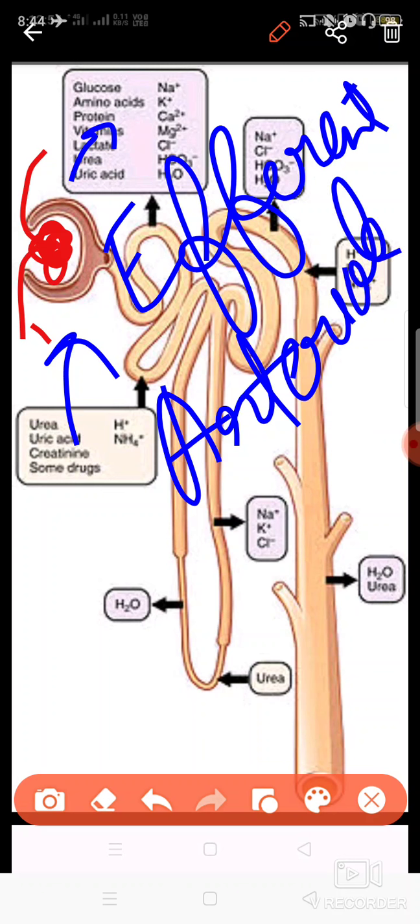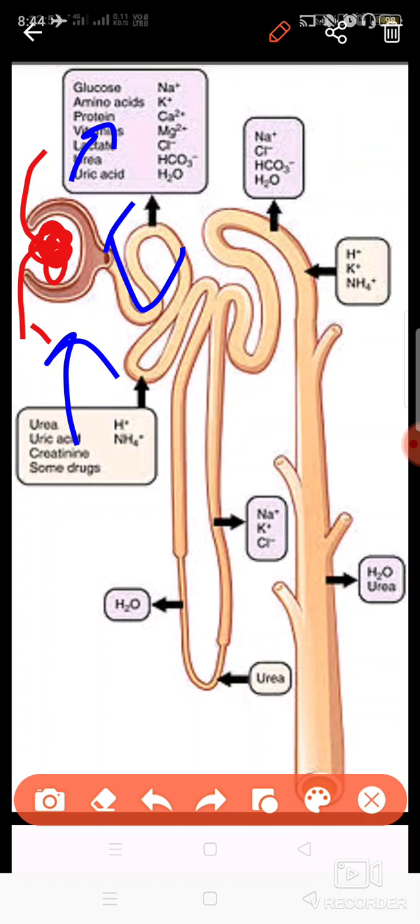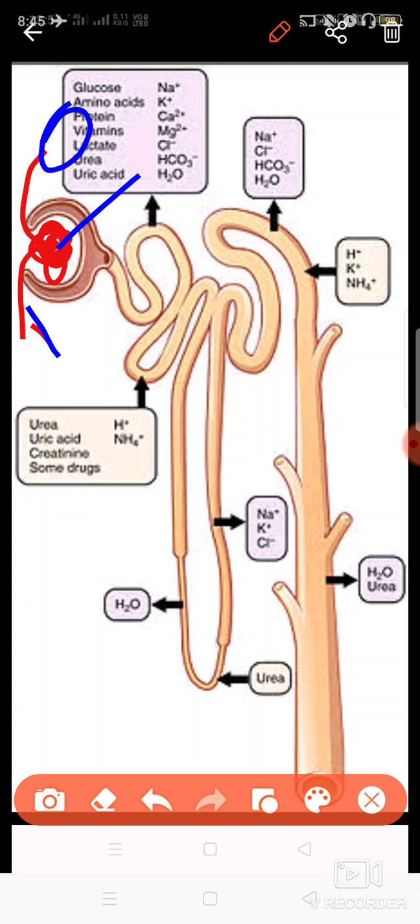So due to the difference in the diameter, because you can see here that when the renal artery and renal veins are present here, these further branch, and then form this capillary network, which has a lesser diameter than this outer portion.